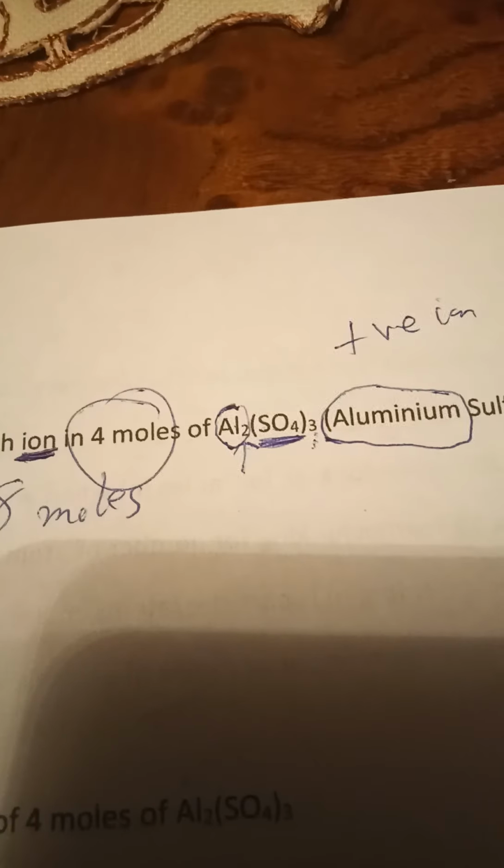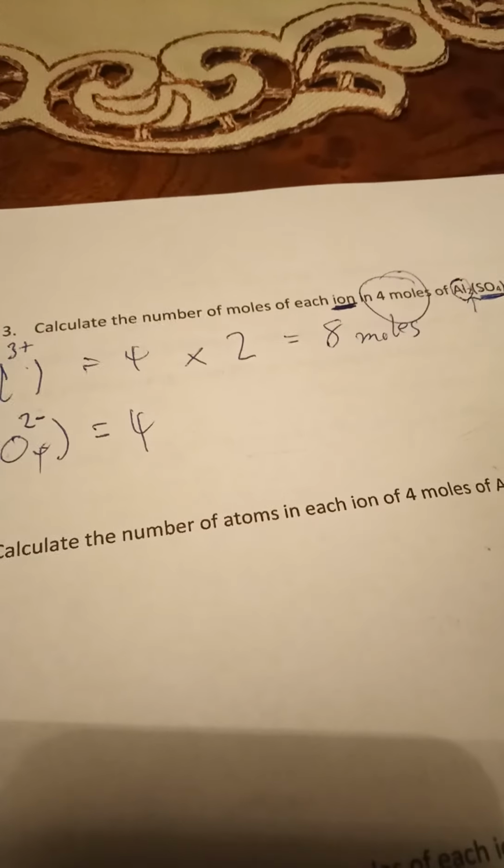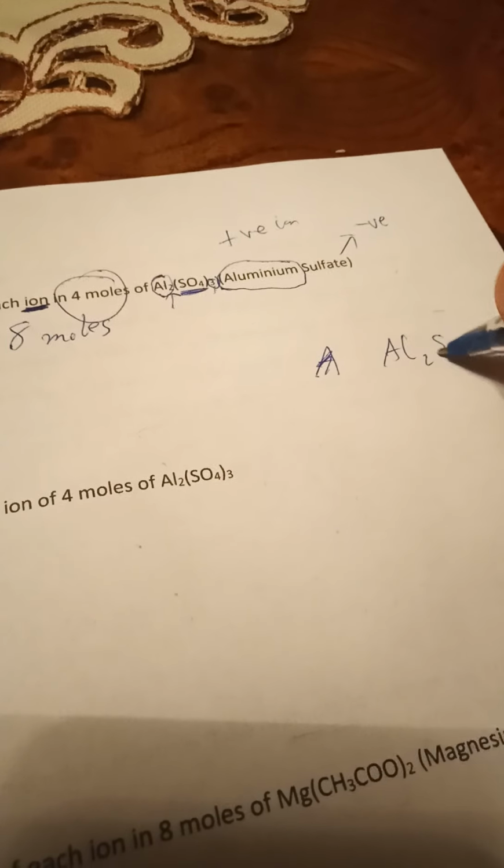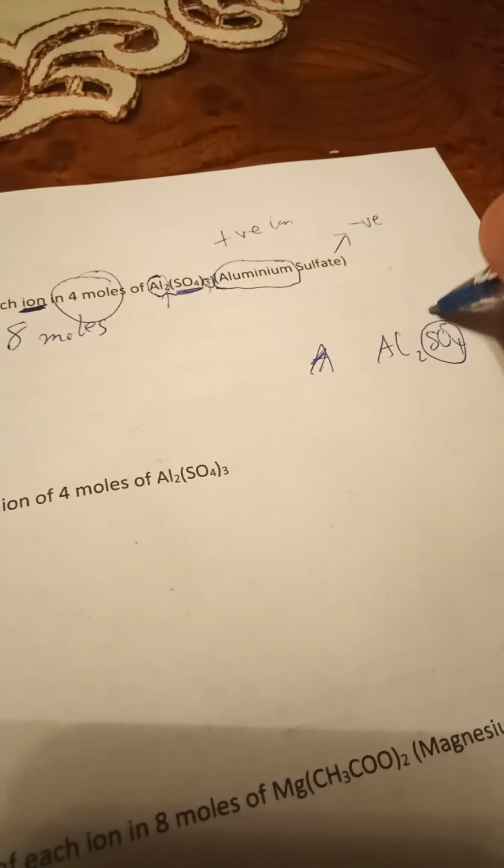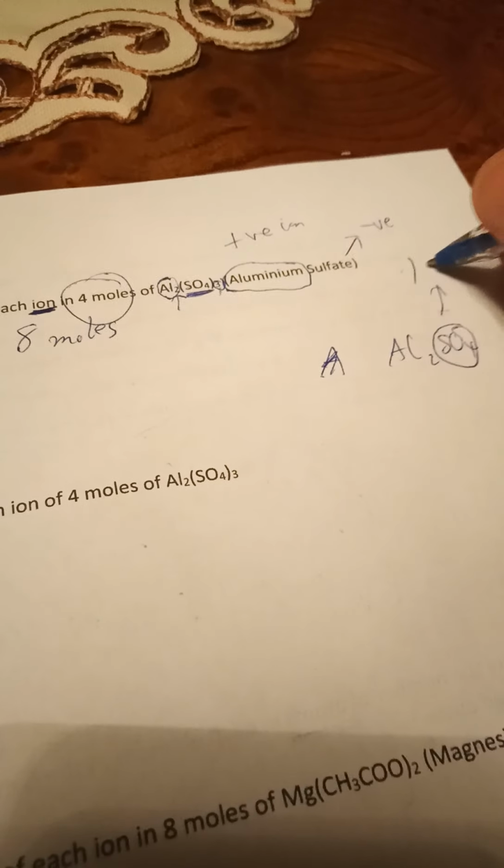And then for the SO4, what you do is you just look at the number outside of the bracket. So you can see I have 3 SO4s. If it was not in a bracket, that means I just have one of it. Okay? So if it was like this, I know this isn't accurate, but if it was like this, for example, without any bracket, that means I just have one.